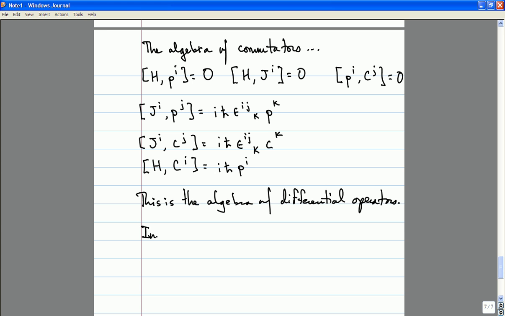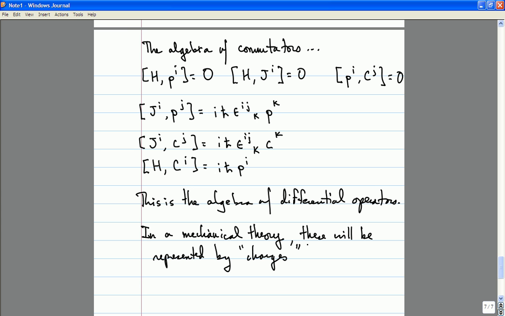In some sort of mechanical theory, say some classical mechanics theory, these will be represented by what are known as charges. That is to say, by functions on phase space that generate these symmetries via Poisson bracket.